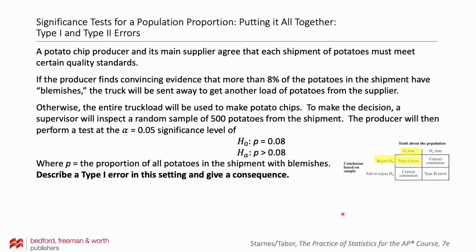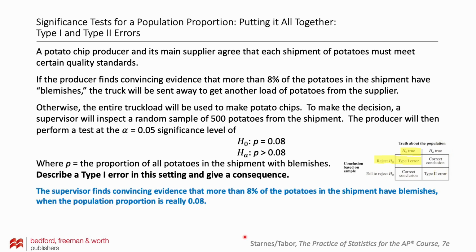So let's remember, a type 1 error is when we reject the null when the null was true. So here, the supervisor finds convincing evidence that more than 8% of the potatoes in the shipment have blemishes, when the population proportion is really 0.08. That's when we reject the null, but the null was true.